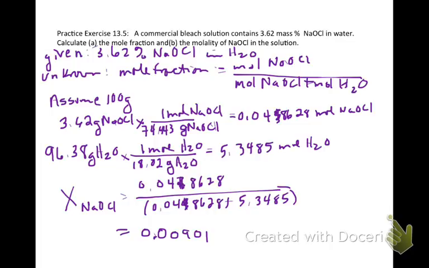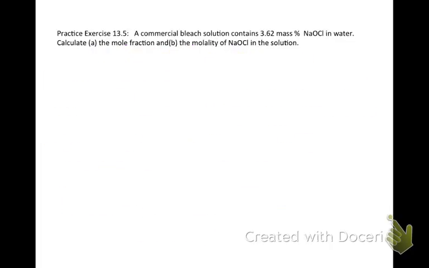Okay, so now the second half, I need a new page, is to calculate the molality of the sodium hypochlorite in the solution. All right, well, what is molality? Molality is the moles of solute, in this case, the moles of sodium hypochlorite over kilograms of the solvent.